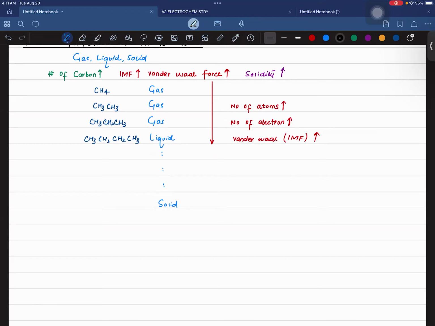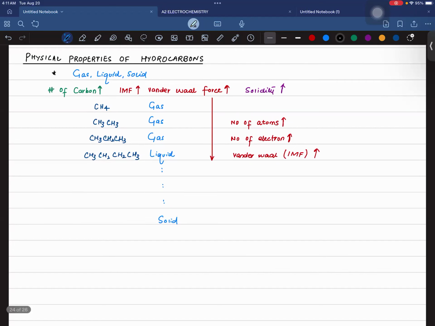So this was the first physical property, and then we have another one: as the number of carbon increases, the intermolecular force of attraction increases, like the van der Waals force increases.